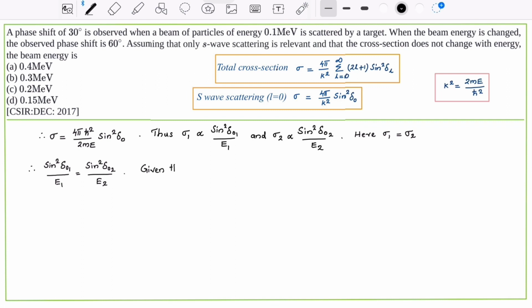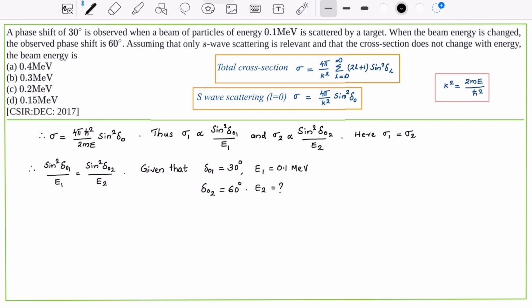In the present problem, it is given that the phase shift delta 01 is 30 degree, corresponding to the energy 0.1 mega electron volt, and the phase shift is 60 degree, that is delta 02 is 60 degree.